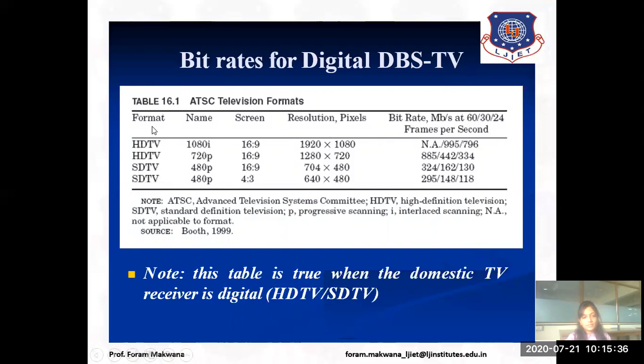For example, if I am considering the HDTV, it has a screen ratio of 16:9, with pixels like 1920 cross 1080, and having bit rates respectively for HDTV as well as for SDTV. Over here, P stands for progressive scanning, I stands for interlace scanning, that we have already studied in audio video system. What do we mean by interlace scanning and progressive scanning?